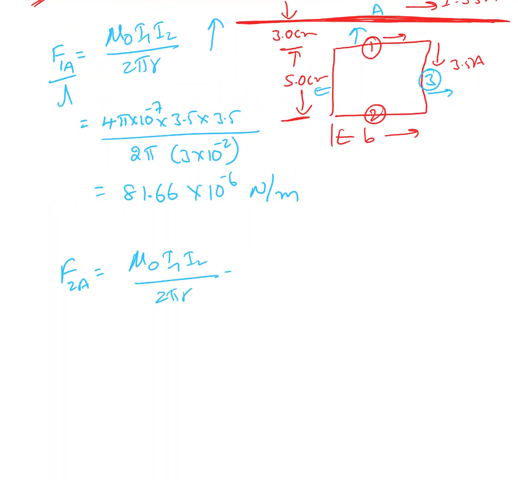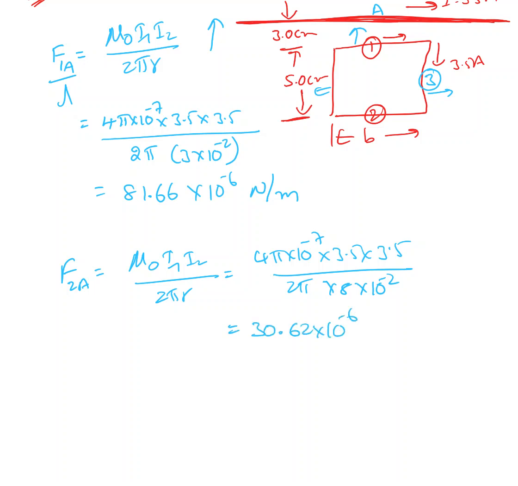Here r is 8 centimeters. So 4 pi times 10 to the power of minus 7 times 3.5 times 3.5 divided by 2 pi times 8 times 10 to the power of minus 2. I have this number as 30.62 times 10 to the power of minus 6 Newton per meter.